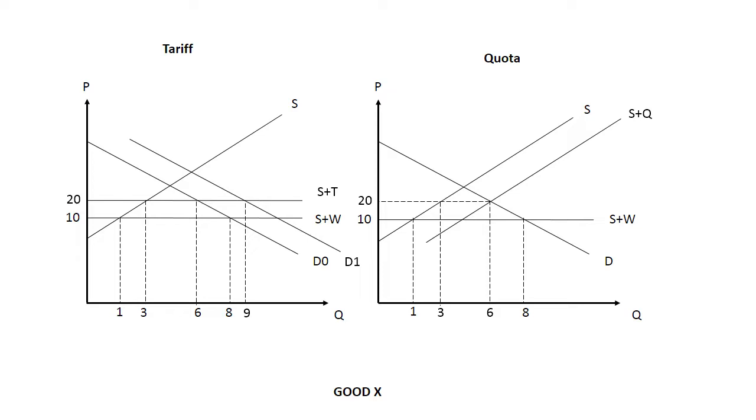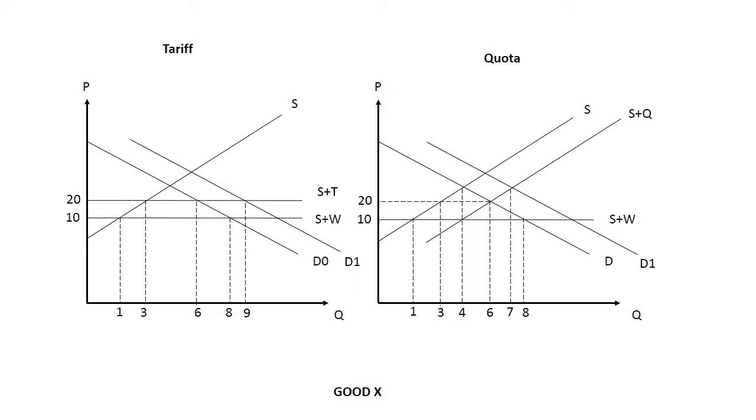For the quota, after the shift in the demand curve from D0 to D1, quantity demanded will increase from 6 to 7, and quantity supplied will increase from 3 to 4.